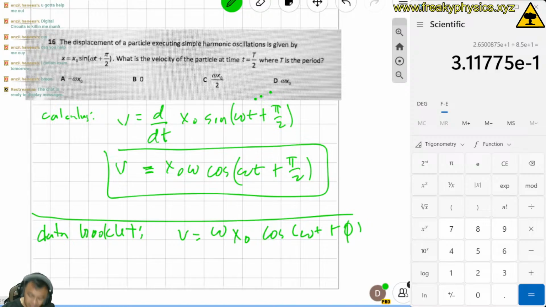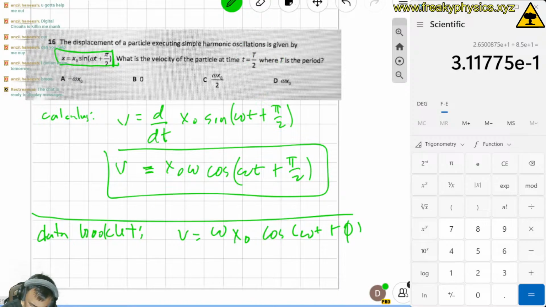So our phase angle here is pi over 2, but do we need it? Not really. Now, we also need this formula as well. We need to know the position at that time.